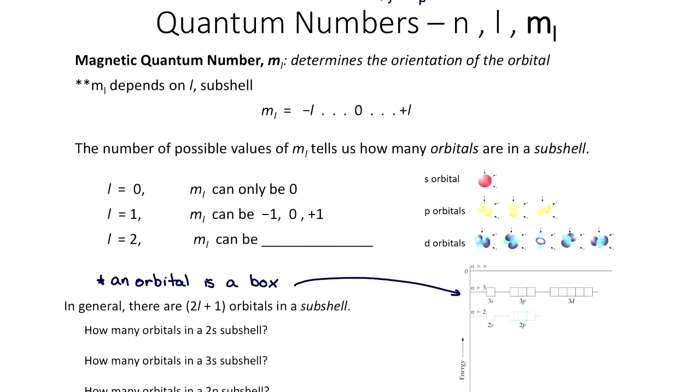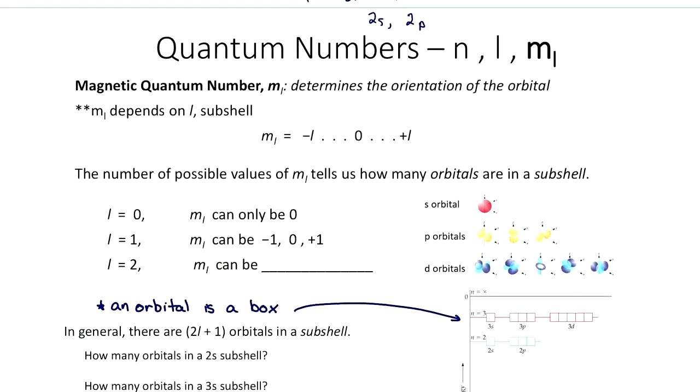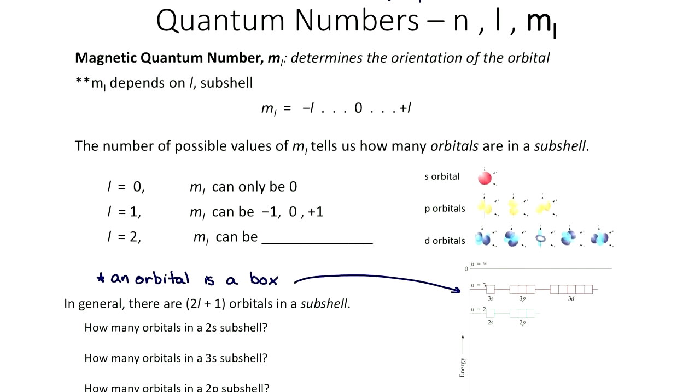Okay. All right, so that's n, l. m sub l now talks about the orientation of an orbital within a subshell. I mentioned before that the l's are different shapes. s orbitals are a perfect sphere. p orbitals, on the other hand, are dumbbells, and we can orient them differently on an xyz axis. d orbitals also, because of their shape, have unique ways we can orient them.